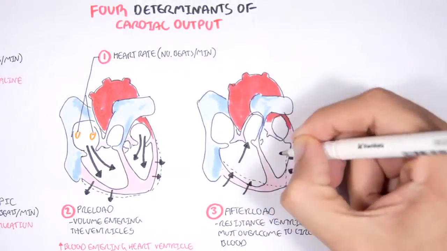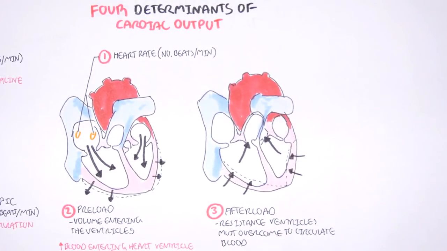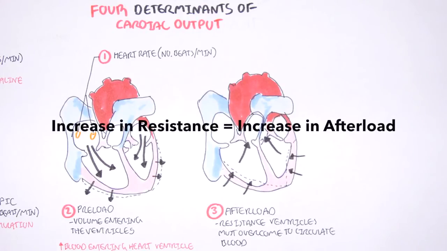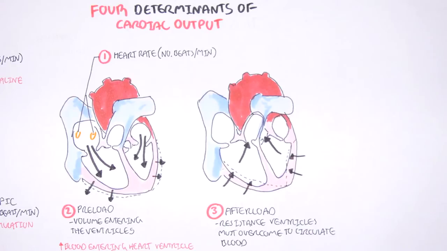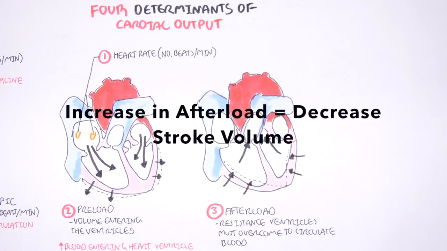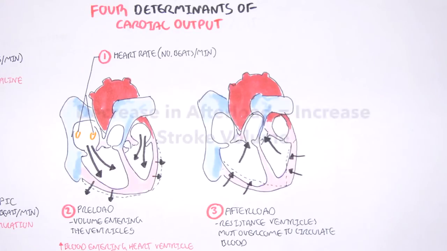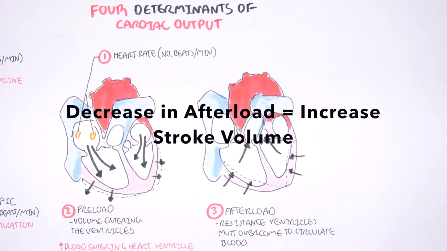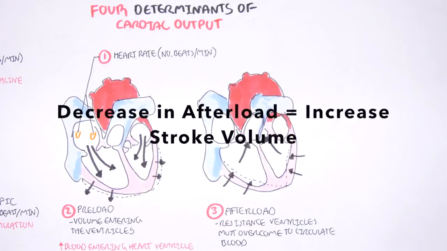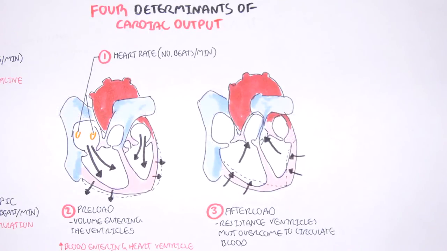This means that if someone has high aortic pressure, the afterload would increase, because an increase in resistance, which is the aortic pressure, means an increase in afterload. An increase in afterload means a decrease in stroke volume. A decrease in afterload means an increase in stroke volume. And all this will influence cardiac output.